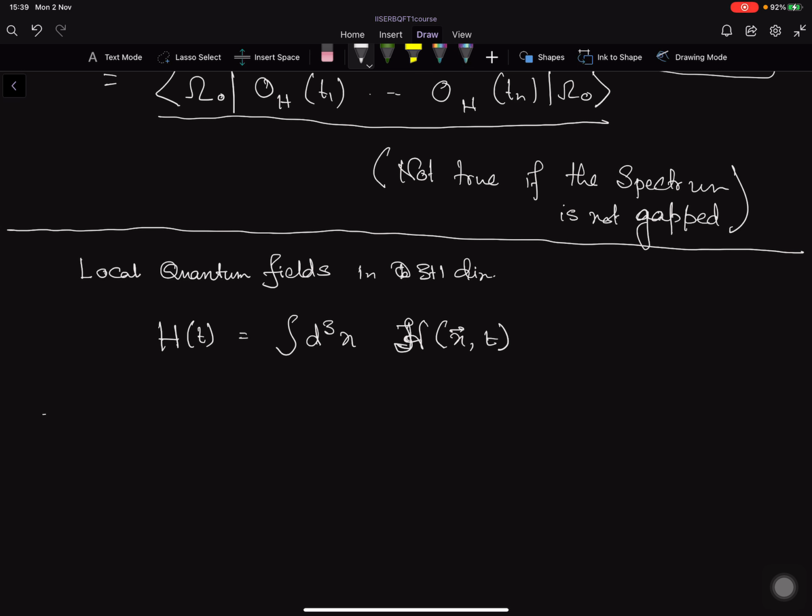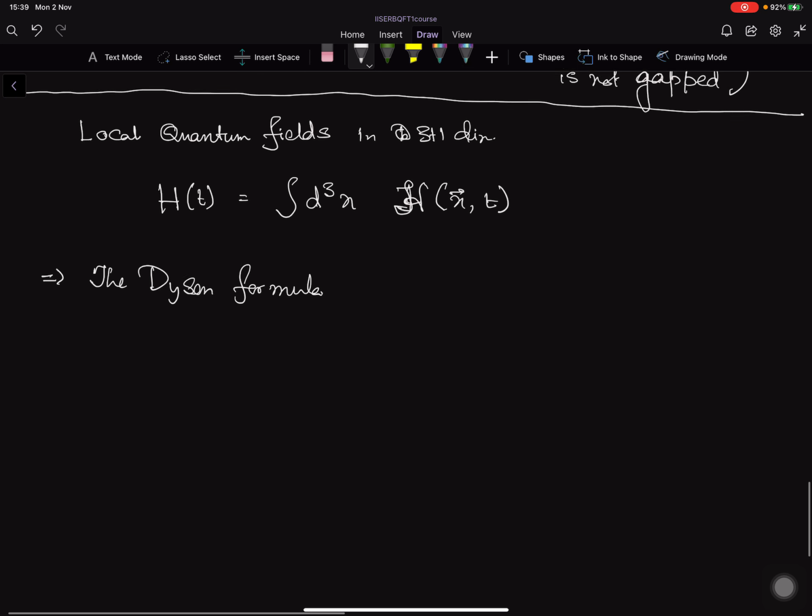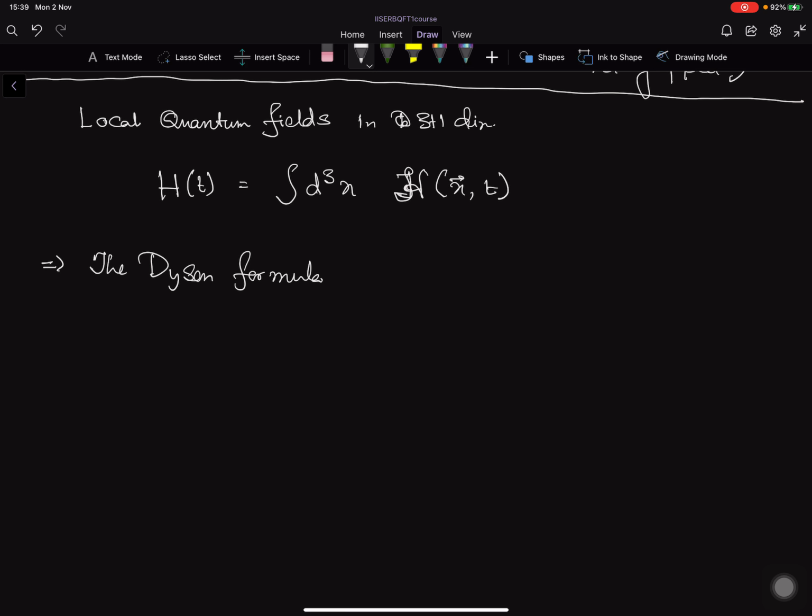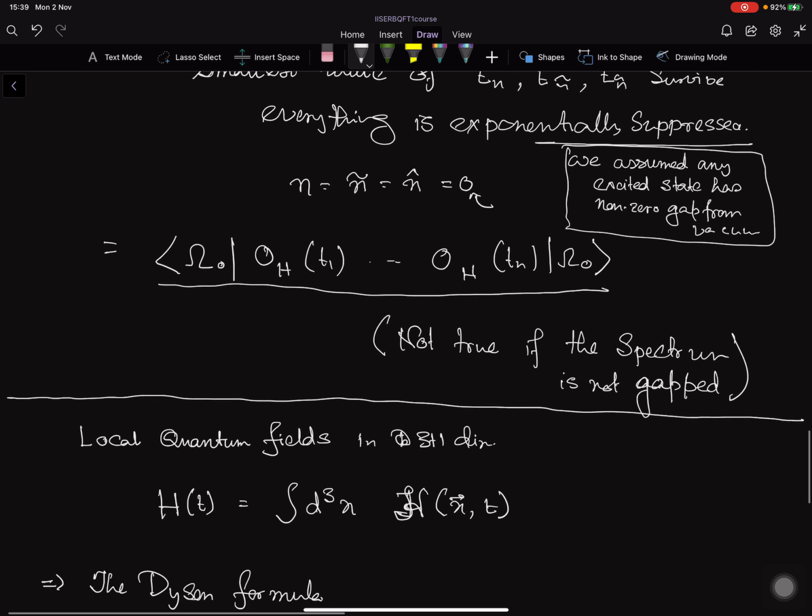This means, what happens to the Dyson formula? Let's look at the exponent. The exponent was i over h bar. Let's now focus for the moment on U_I from infinity to minus infinity, because that is what we will require here.